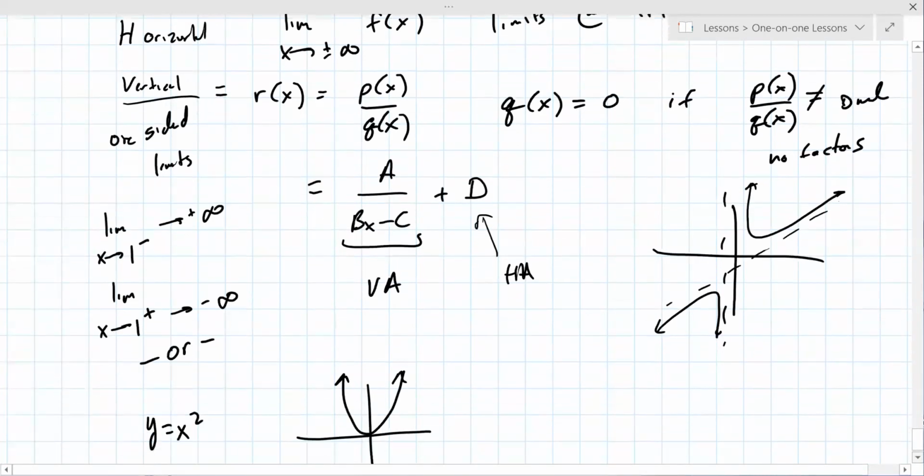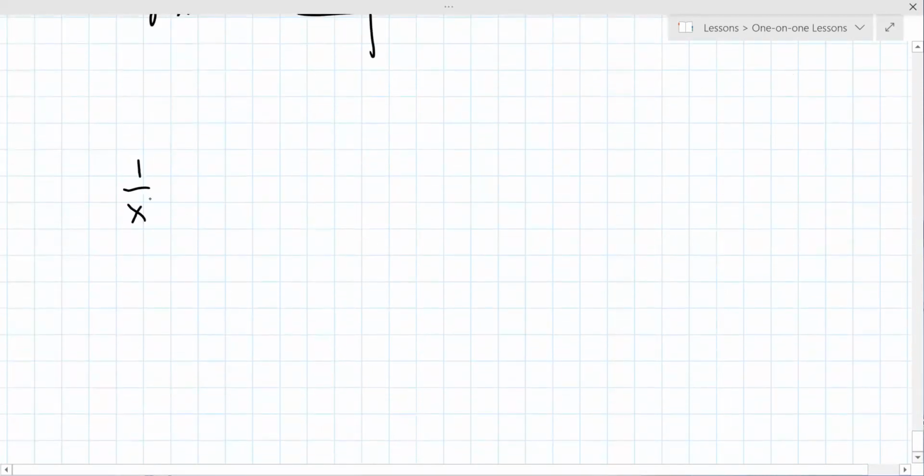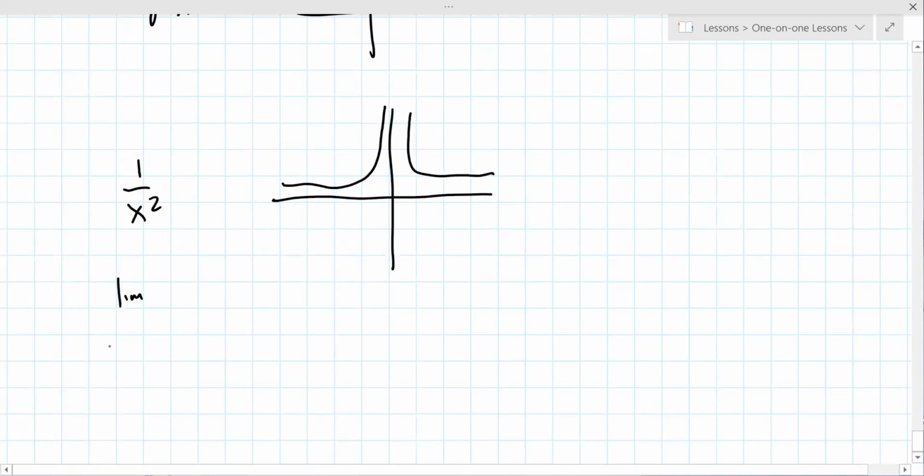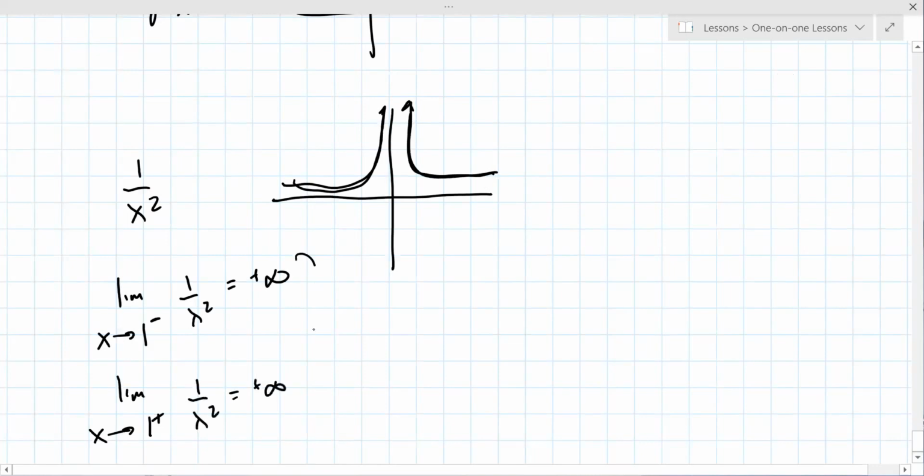Maybe this is too much, but if it's 1 over x squared, this has this shape of graph. The limit as x approaches 0 from the left goes to positive infinity. From the right, it goes to positive infinity. So the limit does exist because they go to the same thing.